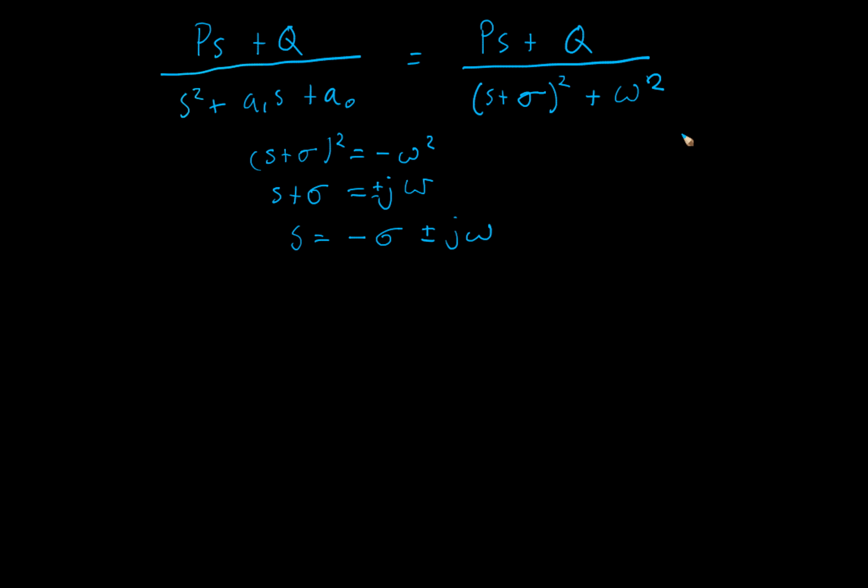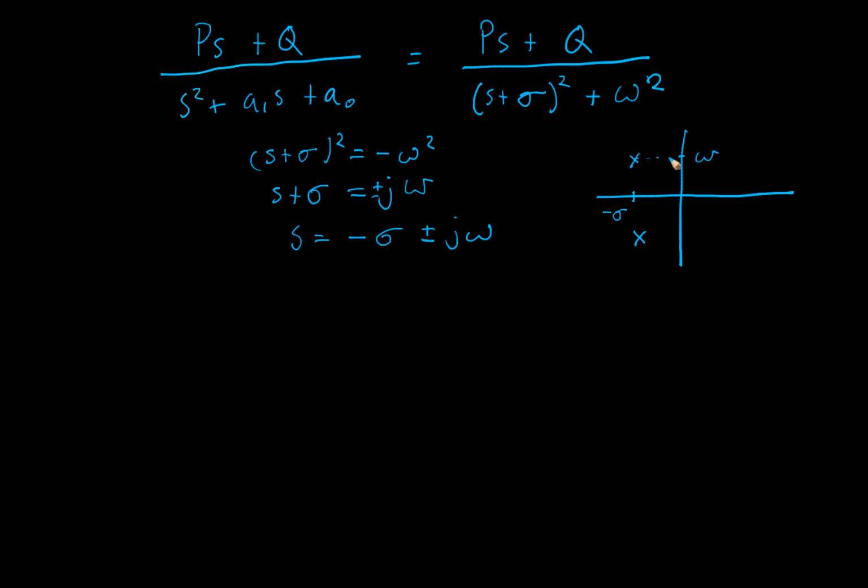So if we're sketching our pole locations here, when we've written the denominator polynomial in this form, then we draw two crosses here, and this point here is going to be minus sigma, and this point here is going to be omega.